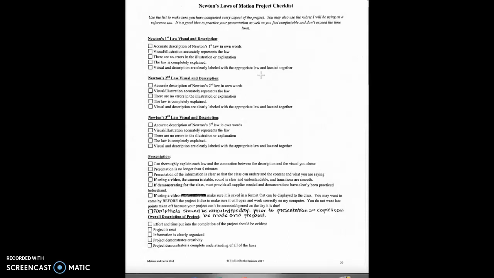Then that visual illustration accurately represents the law. There should be no errors in the illustration or the explanation. If you say that you're doing Newton's second law of motion, then you need to talk about acceleration and mass. If you don't, then I'm going to assume you did not do your work, and that would be considered an error. The law was completely explained, and the visual and descriptions are clearly labeled with the appropriate law located together.